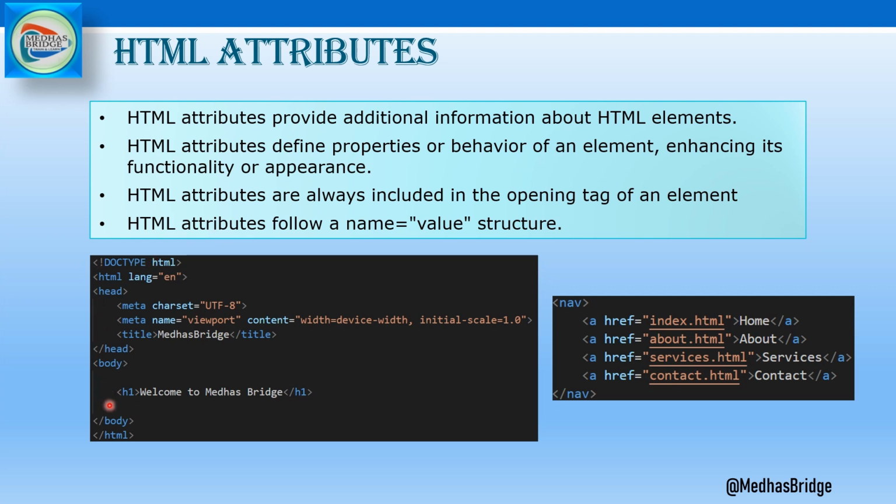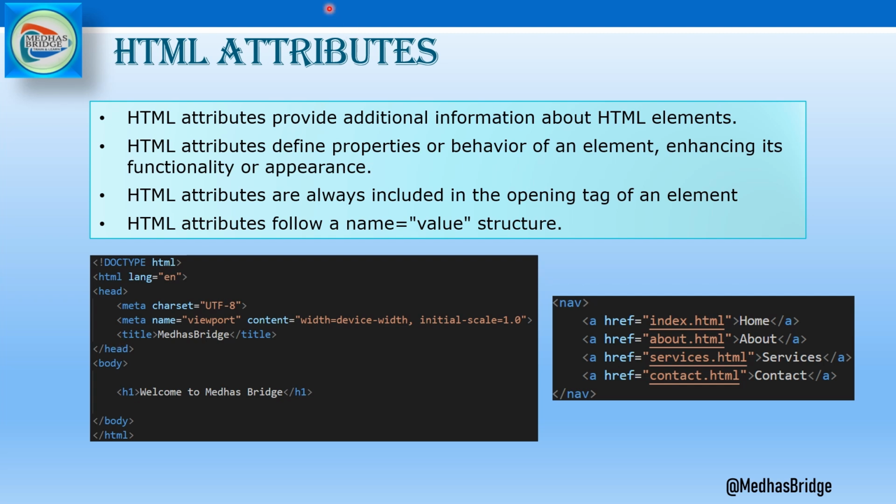If you look at this recap of our example source code, this is the doctype declaration as HTML. HTML is the root tag, head is one section which is also a tag, and body is another part, and heading one. Within head we have a meta tag and a title tag. These are the tags. HTML elements are represented in the form of HTML tags, correct?